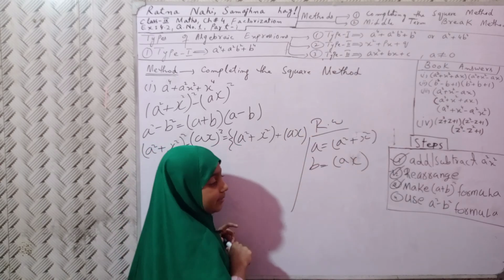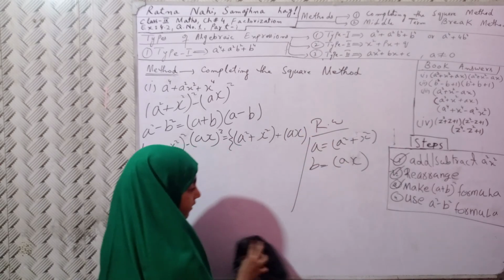I am removing this. You have noted the a value and b value in rough work now.